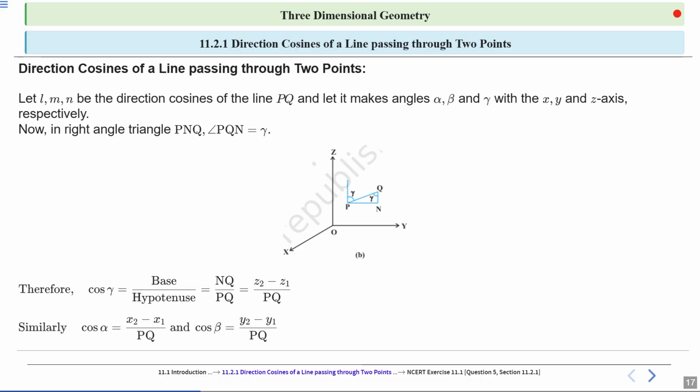Similarly, cos alpha equals x2 minus x1 divided by PQ, and cos beta equals y2 minus y1 divided by PQ.